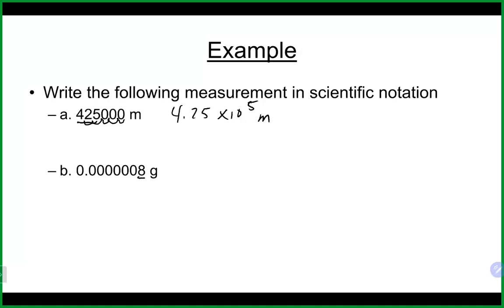And only the 8 is actually significant here, so 1, 2, 3, 4, 5, 6, 7 places, minus 7. We also talked about, I think last time, larger positive exponents mean bigger numbers, and negative exponents mean smaller numbers.